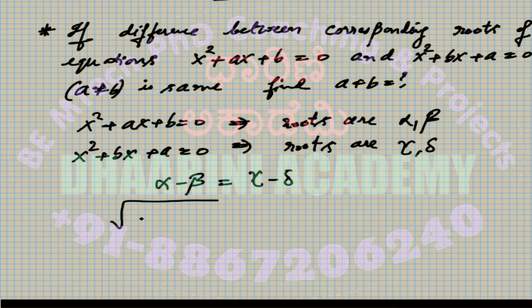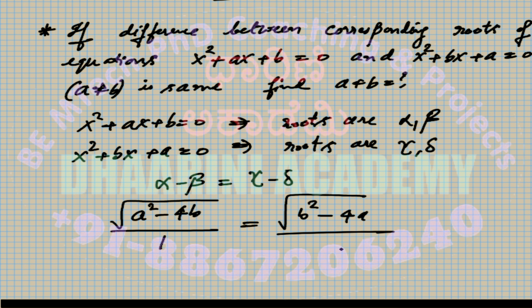For the first equation, b square is a square, since a is in the place of b. So root of a square minus 4b divided by 1 should be equal to, for the other equation, root of b square minus 4a divided by 1.